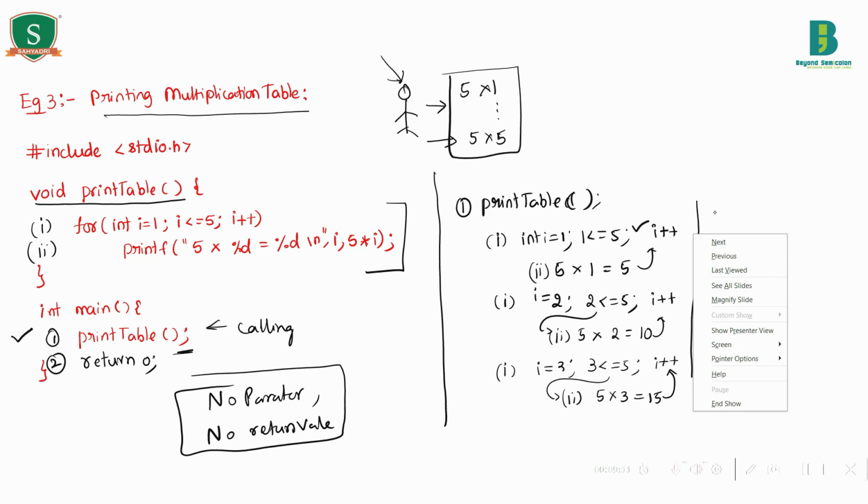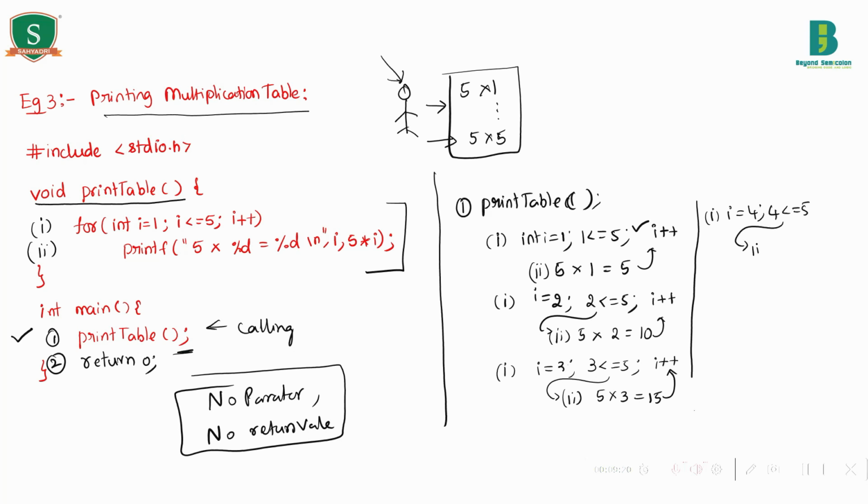So here I value is updated, I is equal to 4, 4 less than or equal to 5. Second statement in the function, 5 multiplied by 4 is equal to 20, I plus plus, I value is updated to 5, I is equal to 5, 5 less than or equal to 5. Second statement, 5 multiplied by 5 is equal to 25.